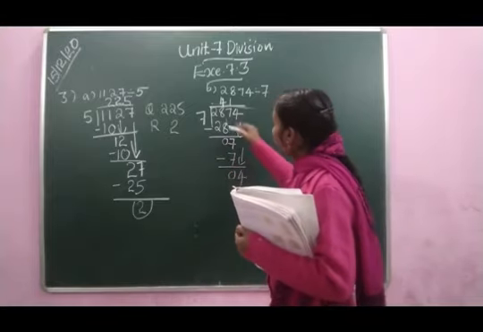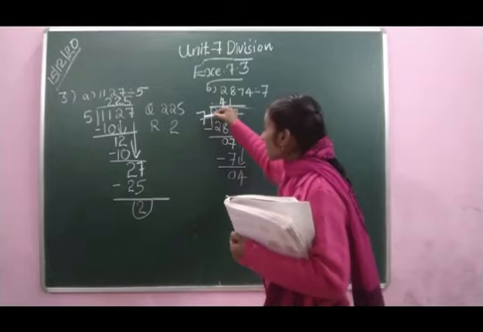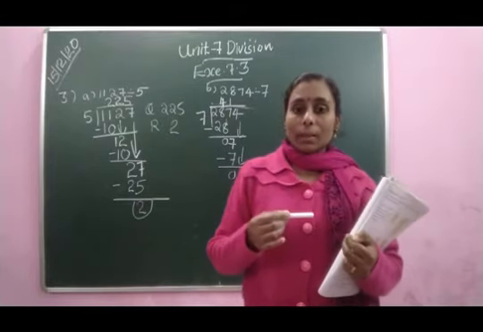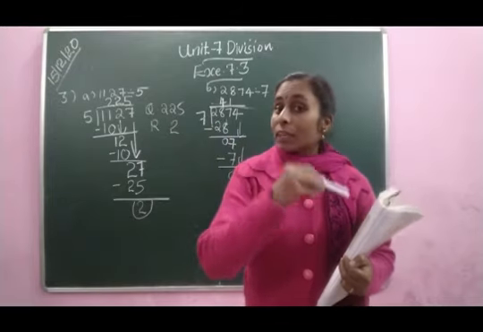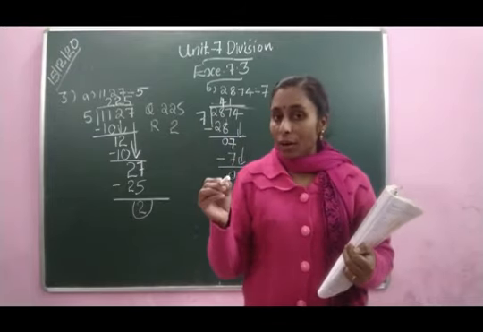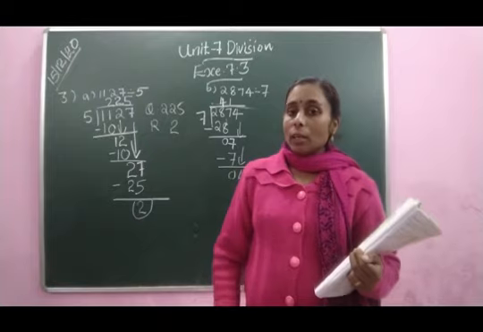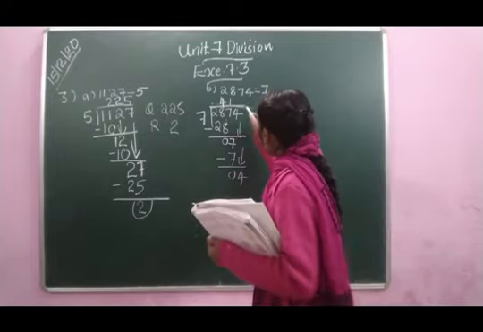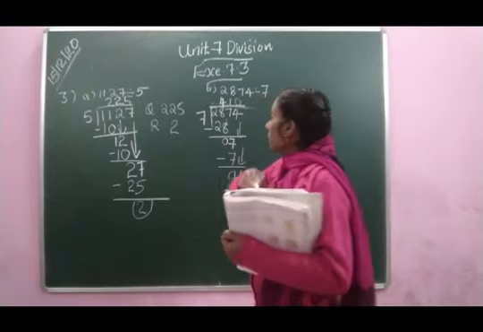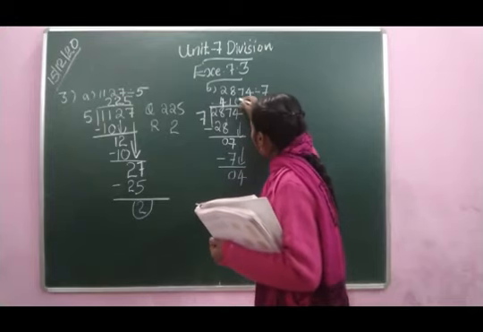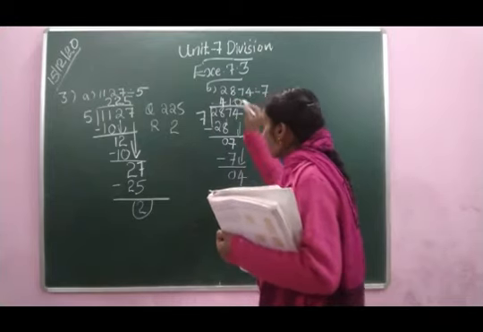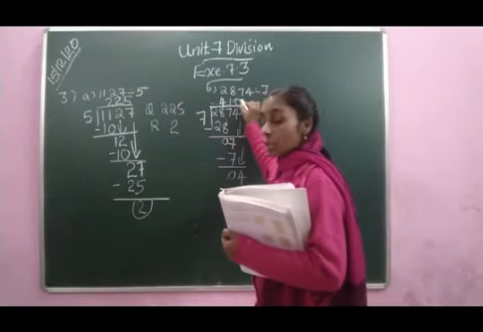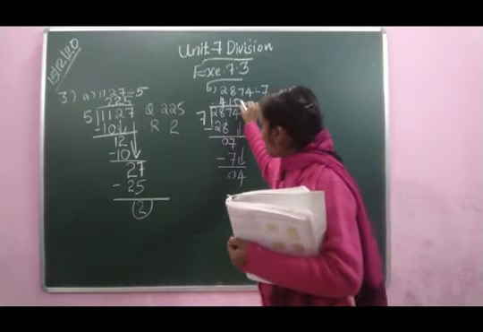Then, how many 7s are in 4? Or in the 7th table, when will you get 4? Will you get 4? No. Why? 4 is smaller than 7. So we have to put 0 here. There is no 7 in 4. So we placed 0 in the quotient.